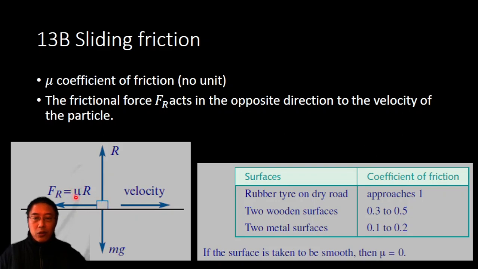That coefficient mu will depend on the surface friction. So if it's tires, it's a high friction, it's close to 1. As it's getting more slippery, let's say two metal surfaces, it's down to 0.1 to 0.2, so much lower. If it's a smooth surface, which is the ideal situation of no friction, mu equals 0, so that friction force will be a null vector.